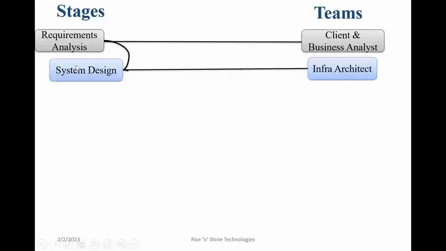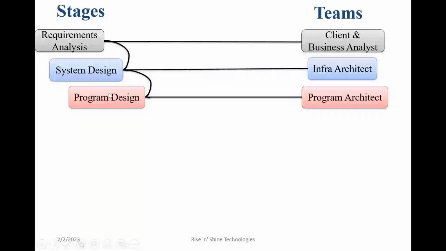Is it Java, .NET, Python, Node.js or Ruby? That is another architect who comes into the picture, on the application side. That is the program architect. Like if it is Java, a Java architect comes into the picture.